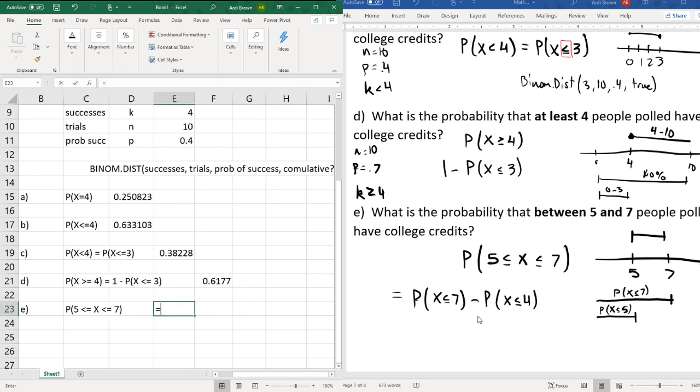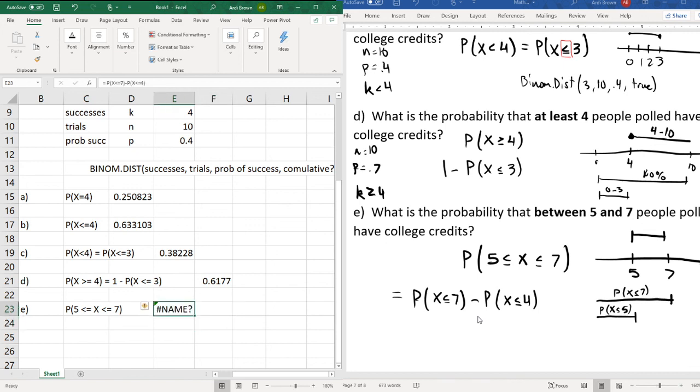I can either think about this as being equal to the probability that x is less than or equal to 7 minus the probability that x is less than or equal to 4. This will leave us remaining with 5, 6, and 7 survive. That's what we want. We'll do that one in 1 second.